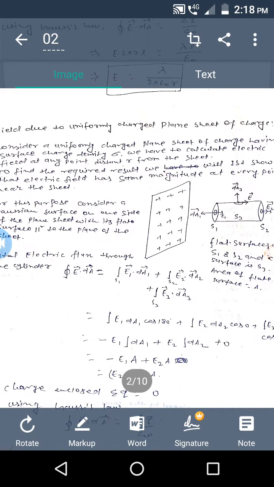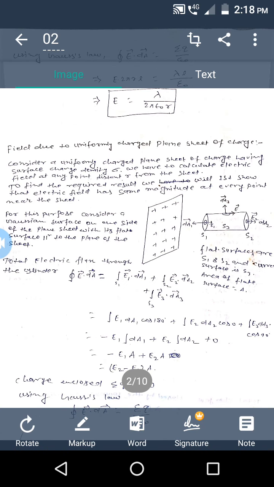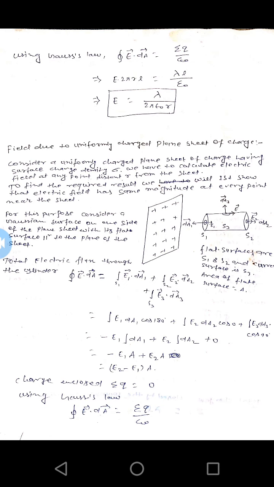Now the total flux comes out to be (E2 minus E1) into A, and the charge enclosed by the Gaussian surface, as we see here, there is no charge inside the Gaussian surface, that's why the charge enclosed is 0.